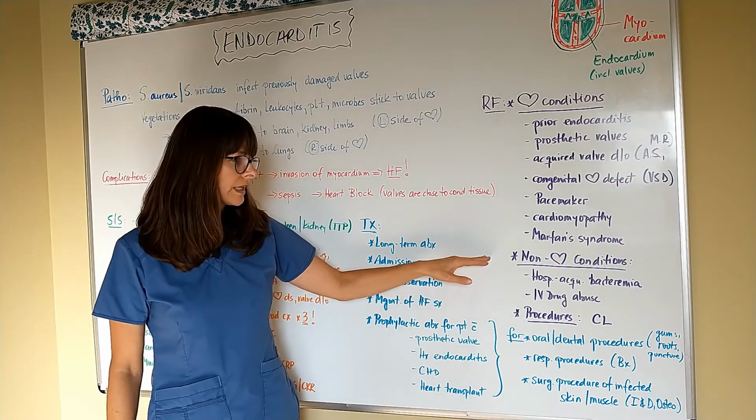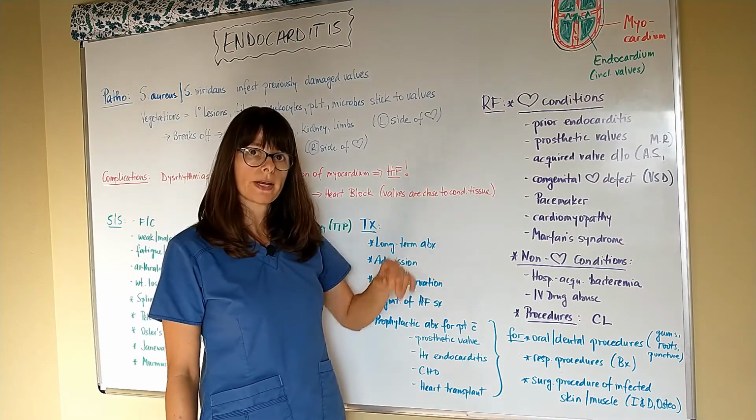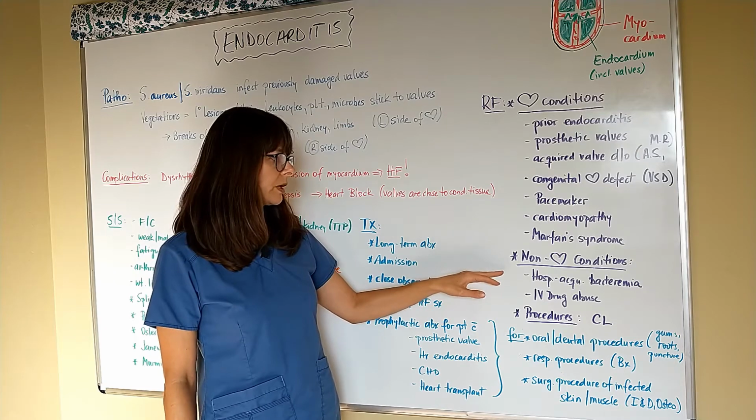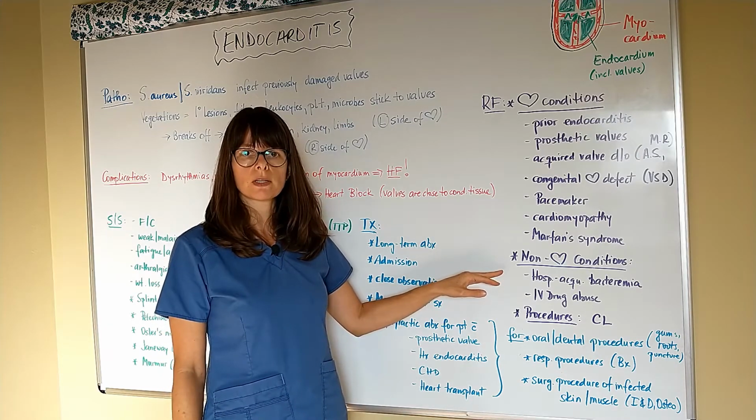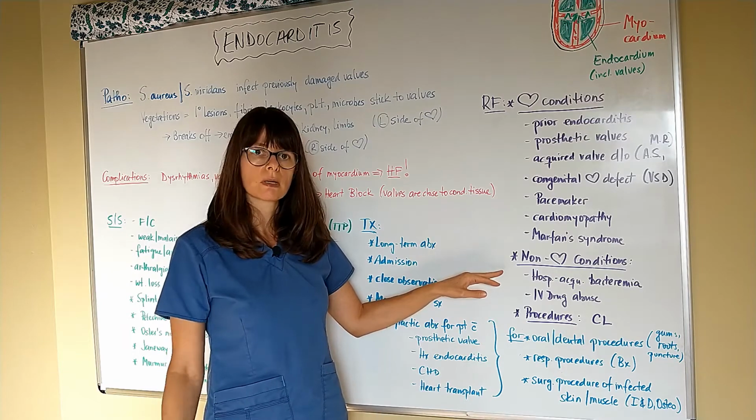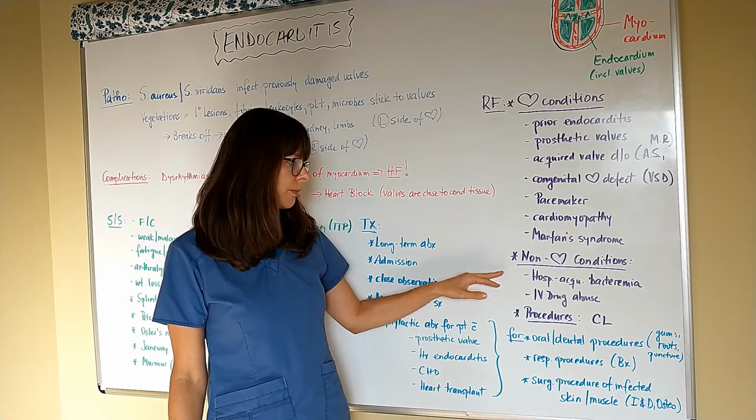Now, non-cardiac conditions that can lead to endocarditis include hospital-acquired bacteremia. So that's basically sepsis resulting from any other organ system, such as pneumonia or UTI, which are some of the common ones.